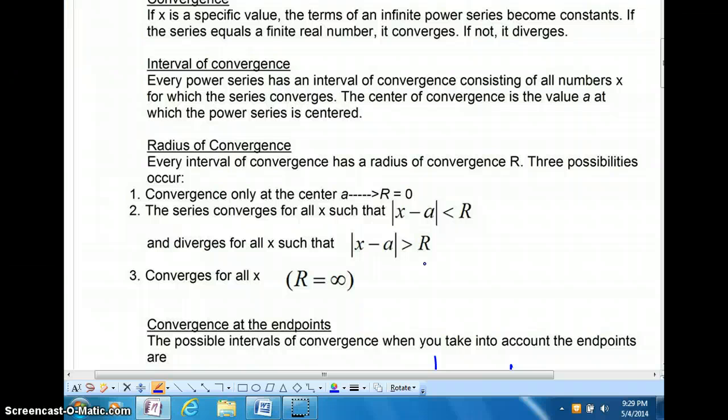We could have convergence only at a center a, in which case r is equal to 0. What this means is, for number 1, you never get complete divergence for a power series. You would at the very least have convergence at a. But very often you can see that from the ratio test we could arrive at the absolute value of x minus a is less than r.